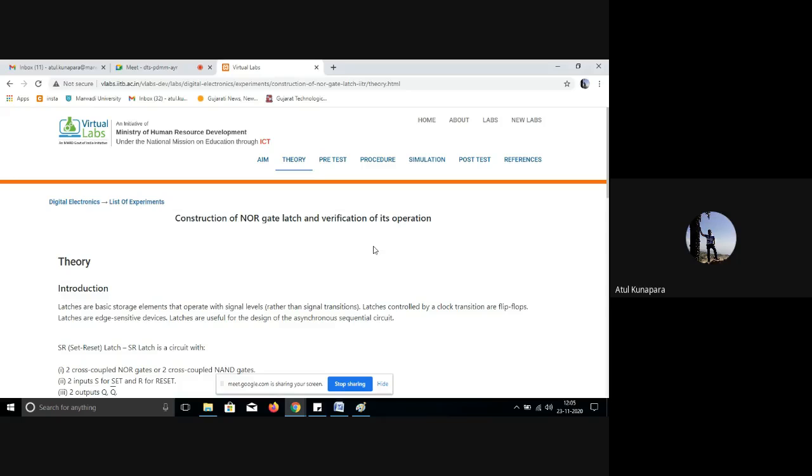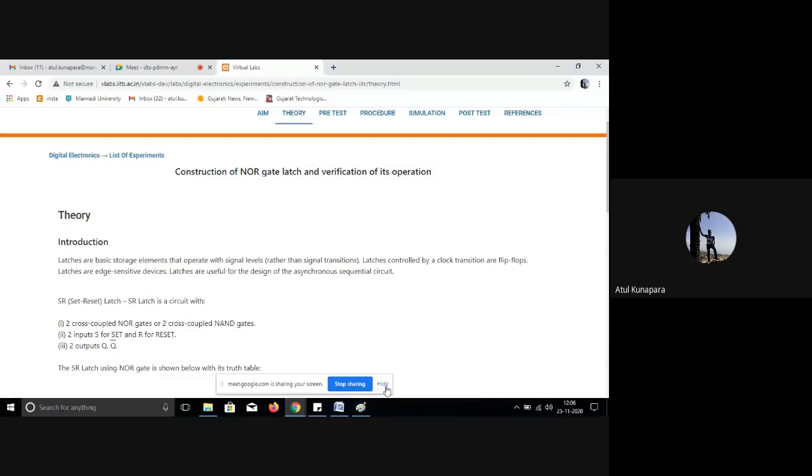No one is replying here, so I can understand the words latch or flip flop are not familiar to you. So let me tell you about that. First of all, what do you mean by a latch? A latch is the smallest unit, the smallest component of any sequential logic circuit.